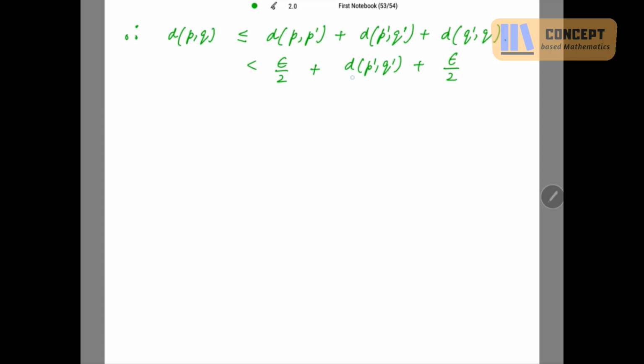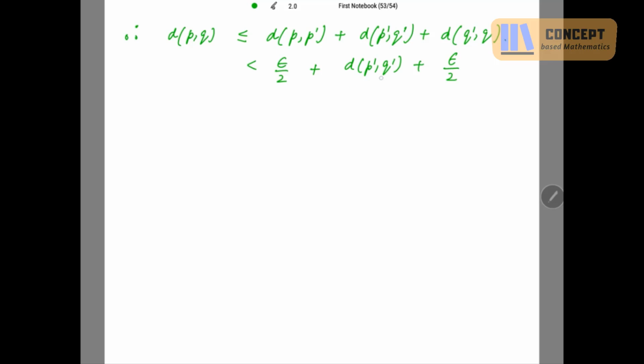So what is the distance d of P dash Q dash? P dash and Q dash are the points of E, and this distance will be less than or equal to the diameter of E. Because what is the diameter of E? Diameter of E is the maximum distance.